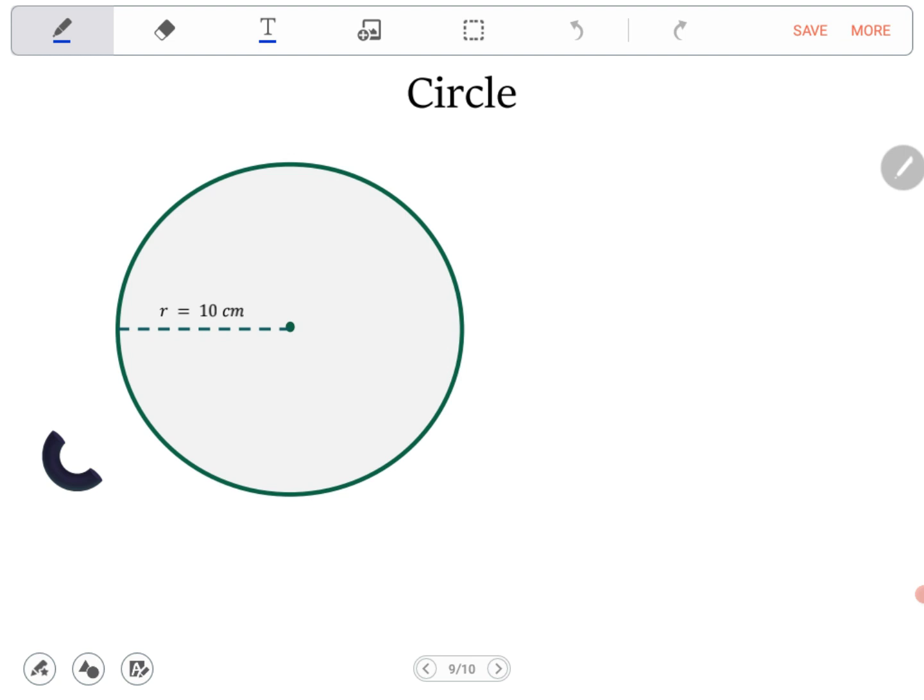Next is when we are given the radius and not the diameter.